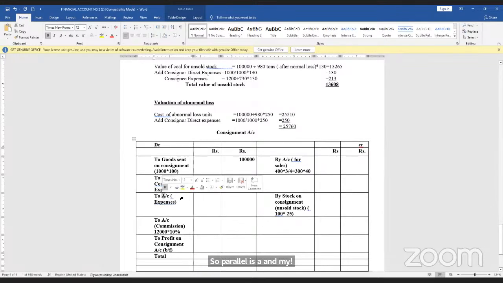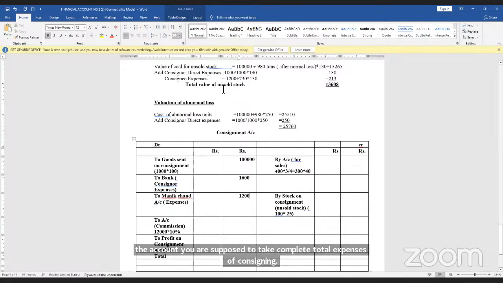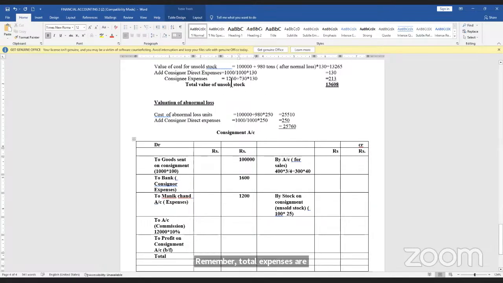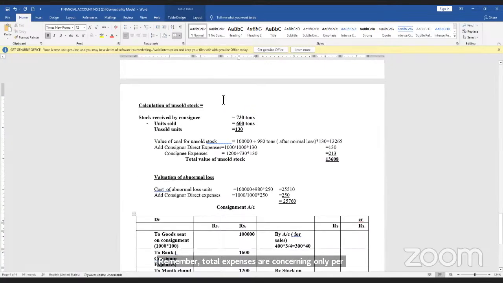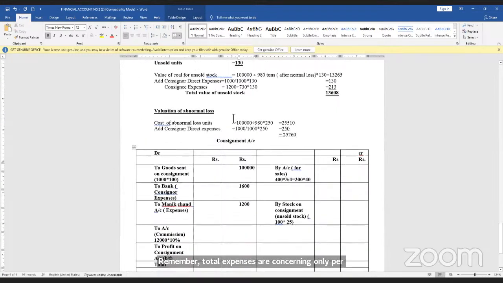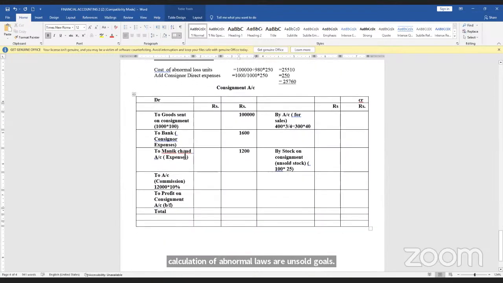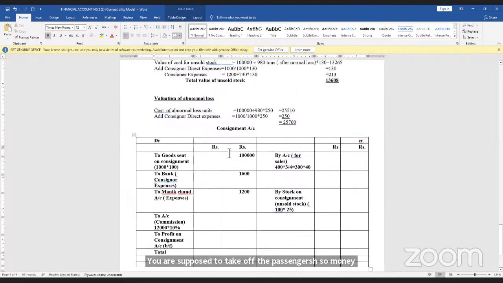So here, to Manik Chand account, you are supposed to take the complete total expenses of the consignee. Remember, total expenses of the consignee. Only for the calculation of abnormal loss or unsold goods, you are supposed to take the percentage. So Manik Chand spent total 1,200. And what is his commission? Is it given here to us?